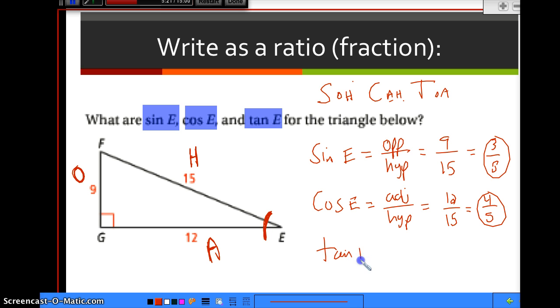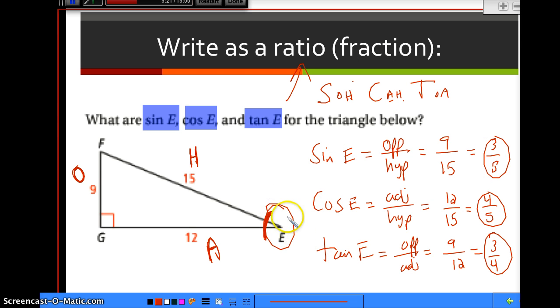Tangent of E. Tangent is opposite over adjacent. Opposite is 9, adjacent is 12. These are both divisible by 3, so we get 3/4. So those are the ratio or fraction measures of sine, cosine, and tangent of angle E.